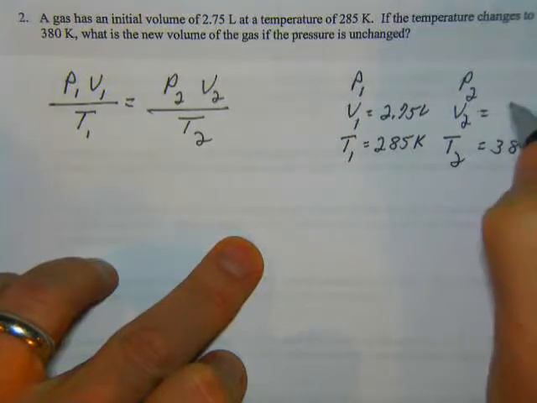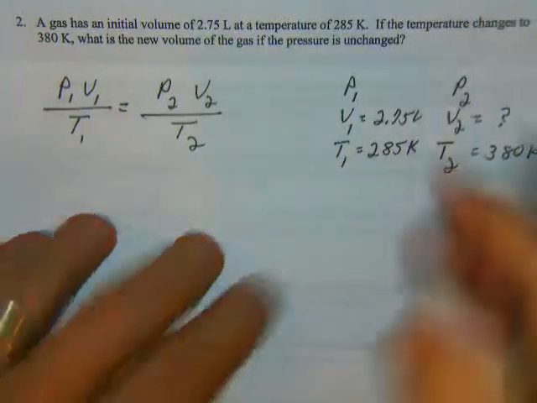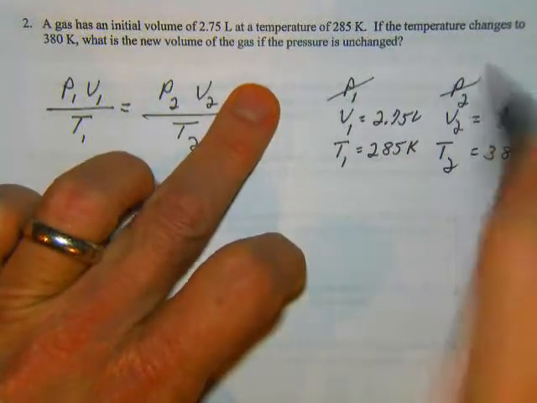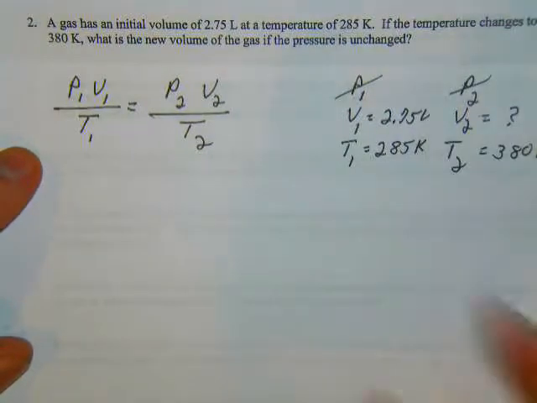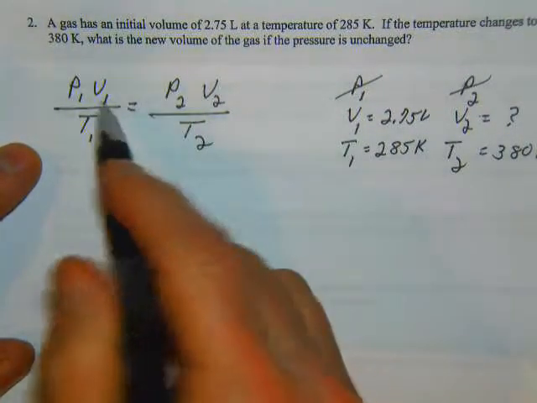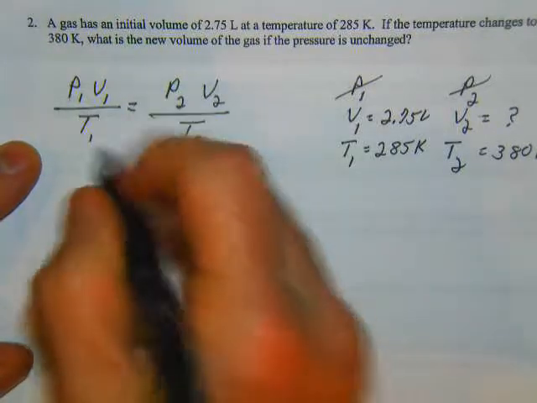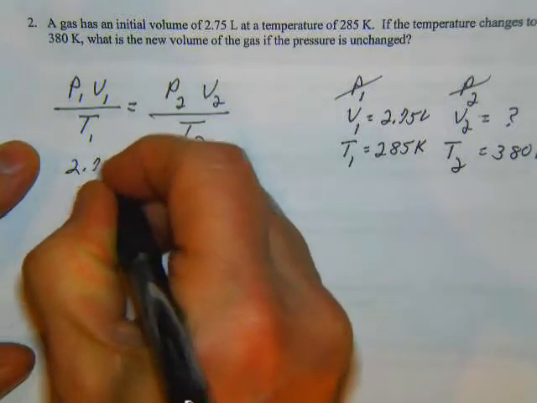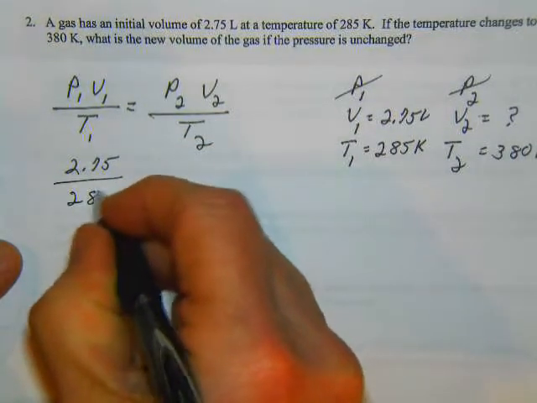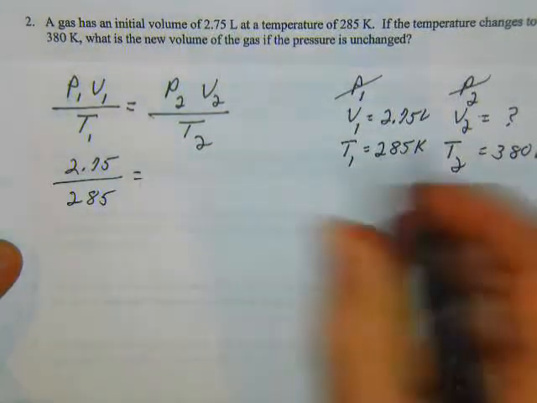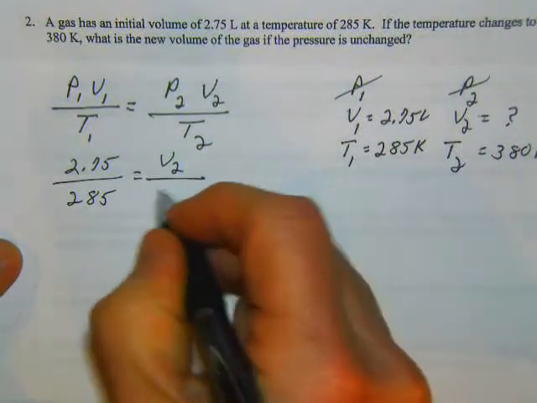If the pressure is unchanged, we don't even need it in the formula, since the pressure is the same on both. So V1 is 2.75, temperature 1 is 285, we're looking for V2, and temperature 2 is 380.